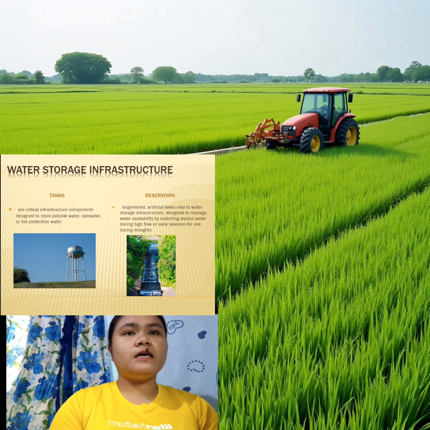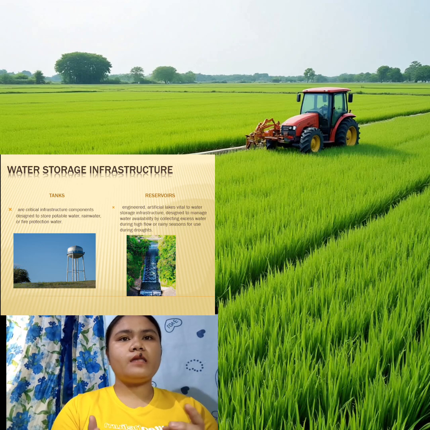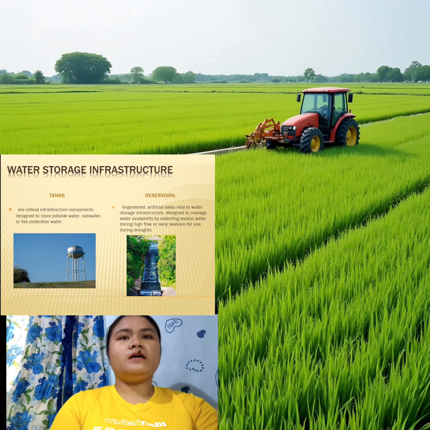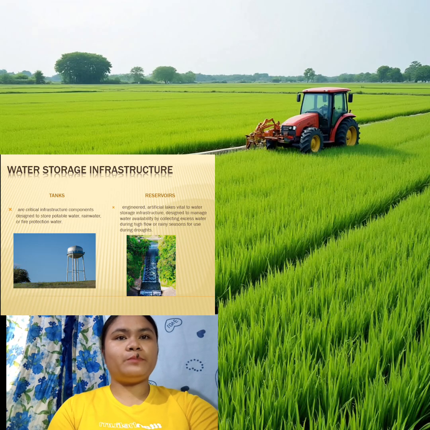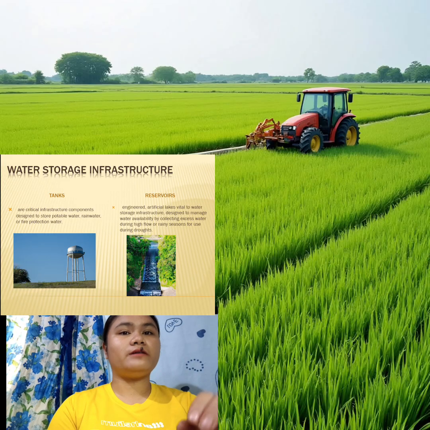In the Philippines, large reservoirs like Angat Dam in Bulacan and Pantabangan Dam in Nueva Ecija are key to irrigating vast agricultural areas. So the principle here is simple: store when there is plenty and use it when there is little.